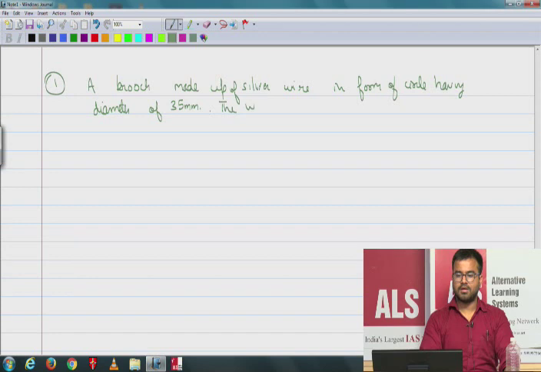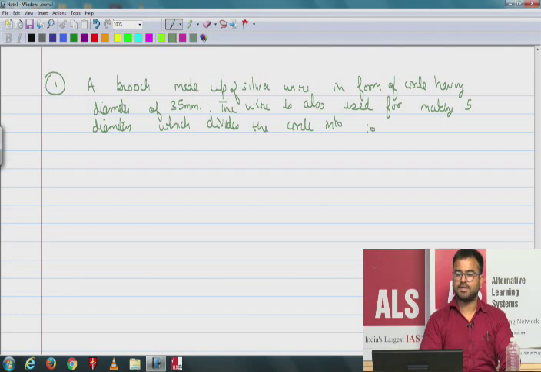The wire is also used for making 5 diameters which divides the circle into 10 parts.